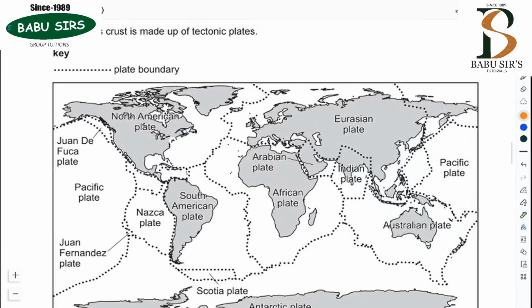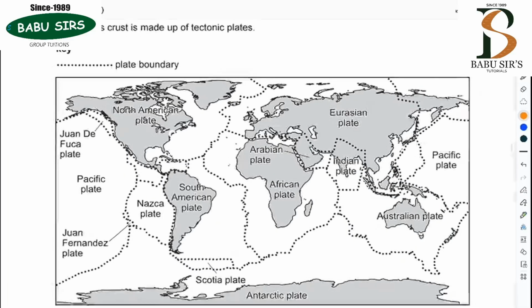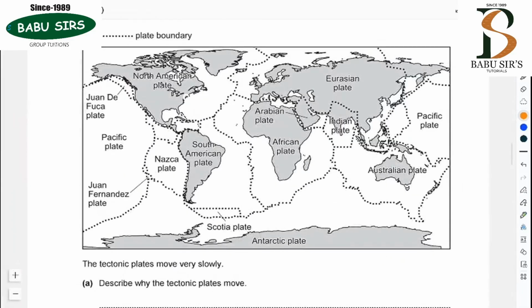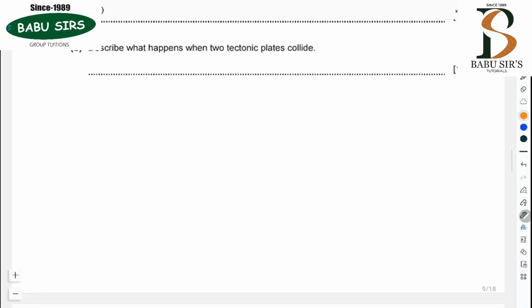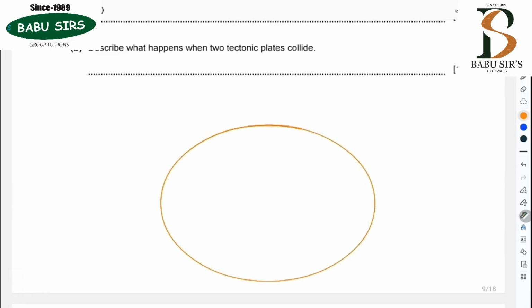Now here you are studying about tectonic plates. So let's directly go to the questions. Describe why tectonic plates move. Now you can see if this is the earth here like this, then these are the plates, you can call it the land plates.